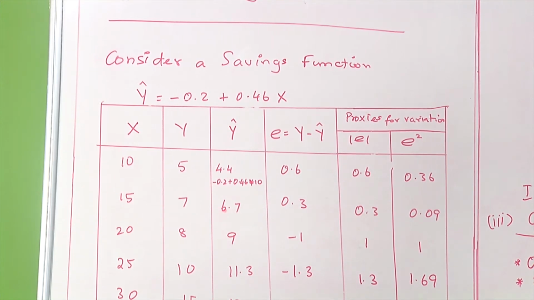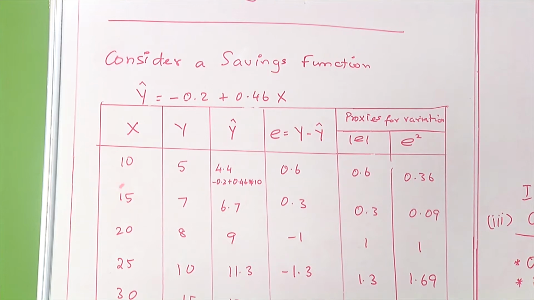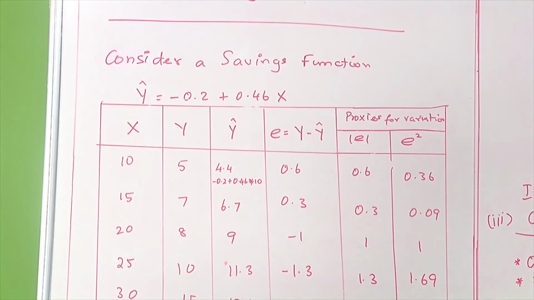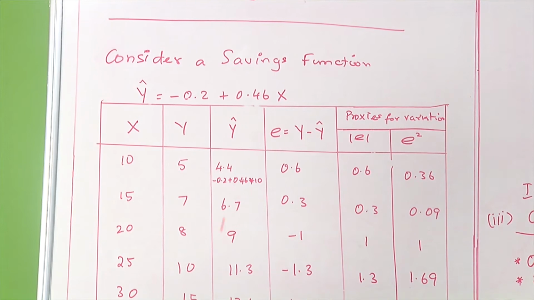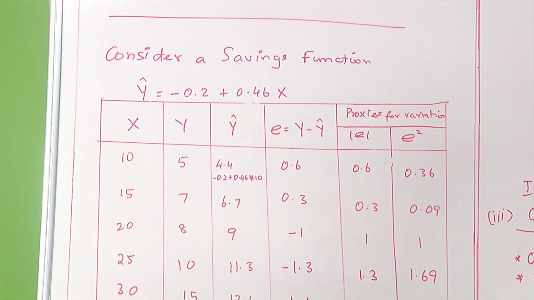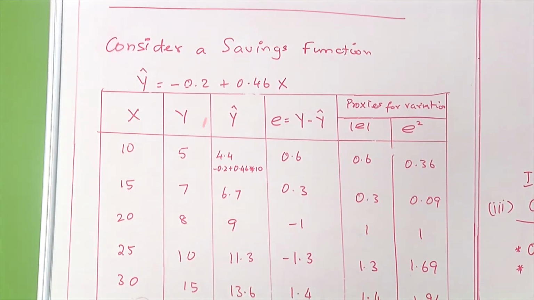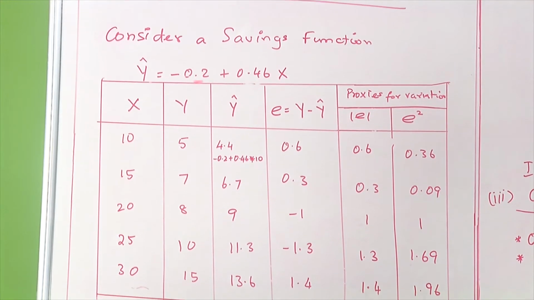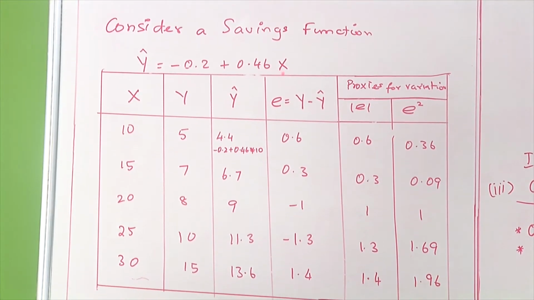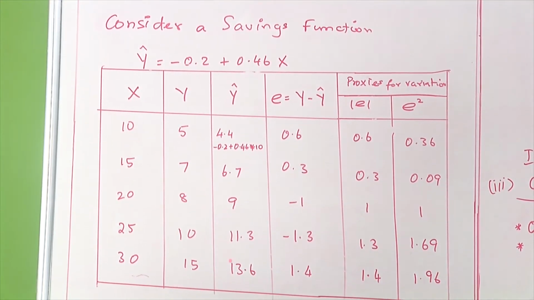Similarly, the 6.7 is found: minus 0.2 plus 0.46 into 15 would give this value, and substituting 20 in this equation will get 9. Substituting 25 in this equation will get 11.3, and 13.6 is obtained by substituting the value 30 instead of x.